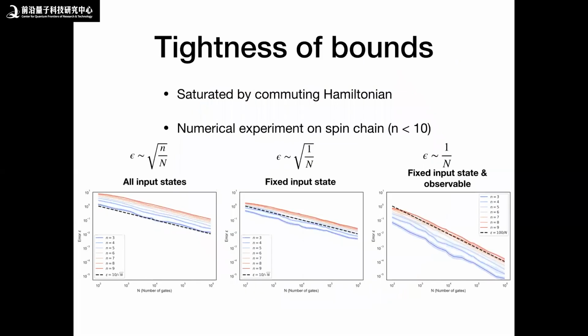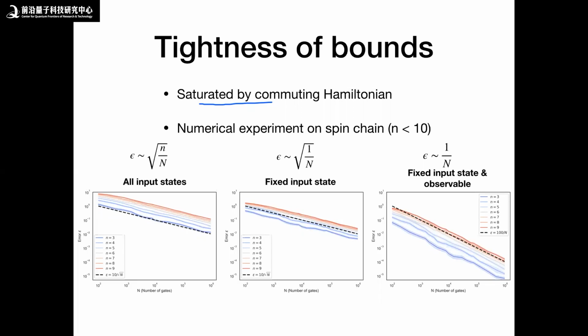So what I've told you is all these different bounds, and it is another thing whether they're tight. So we also show a saturating lower bound, by analytically computing this commuting Hamiltonian.